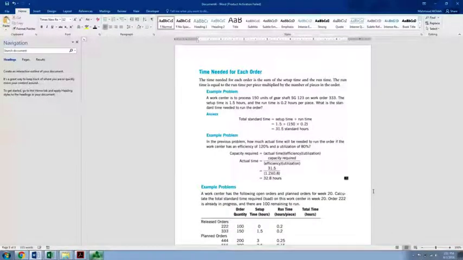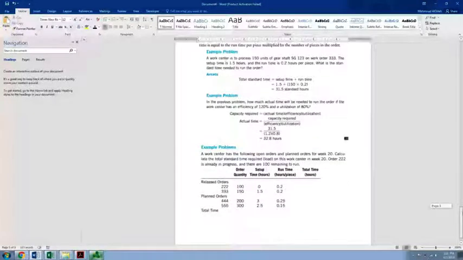Okay, let's get a more challenging example here. We need to find out the actual time based on the efficiency and utilization. In the previous problem, how much actual time will we need to run the order if the work center has efficiency 120 and utilization 80?